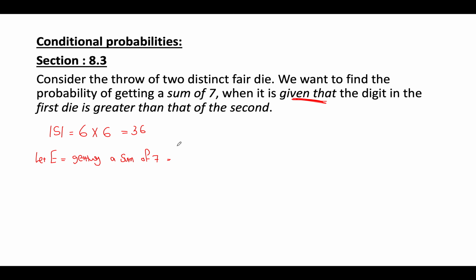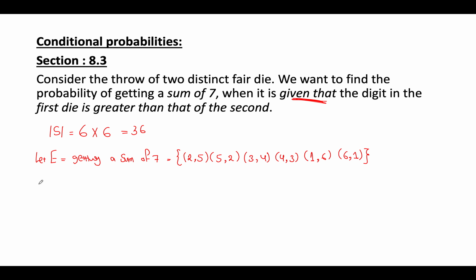So the possible outcomes from my sample space, where adding the number on the first die and the second gives 7, are 2 and 5, 5 and 2, 3 and 4, 4 and 3, and 1 and 6, 6 and 1.